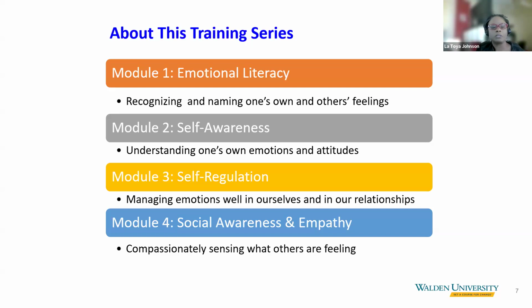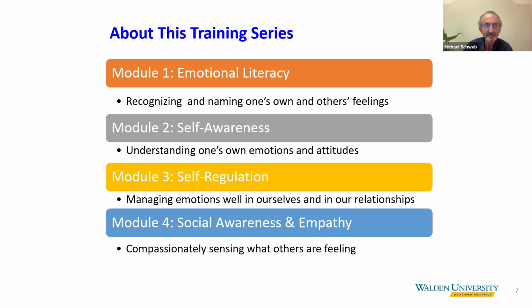We're learning to recognize emotions, understand what our emotions and attitudes are, and how that impacts how we interact with others and how those emotions come out. And then just be compassionate about sensing what others are feeling and also our own.